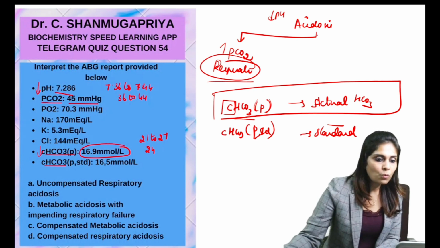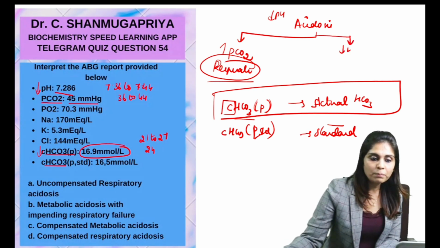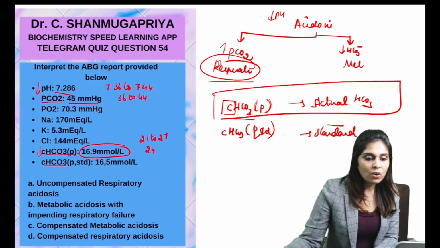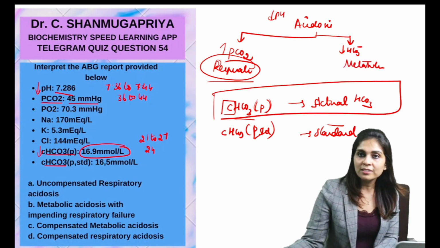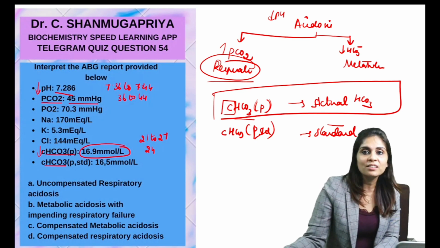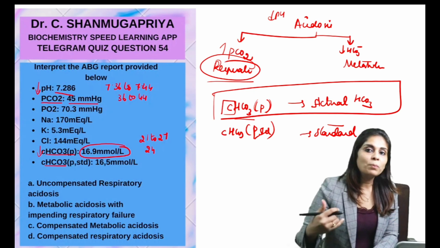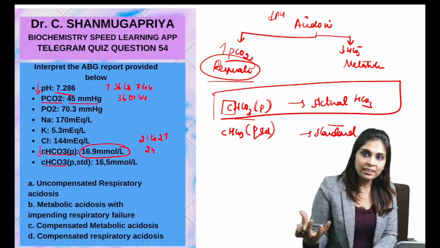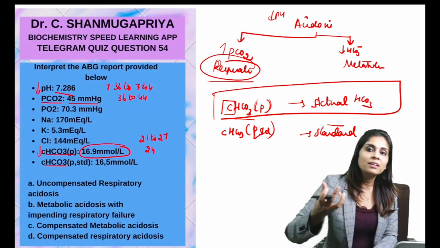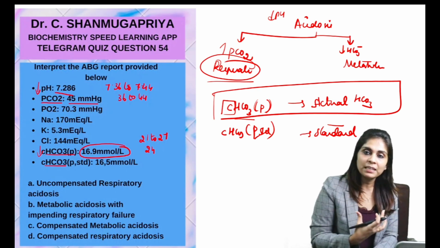So what if acidosis is accompanied by a reduction in bicarbonate? In that case, you're going to call it metabolic acidosis, because in this condition, for some reason, bicarbonate, the buffer concentration, has reduced. So metabolic acids have accumulated, and that has caused a reduction in pH. So if low pH is accompanied by high PCO2, it is respiratory acidosis.